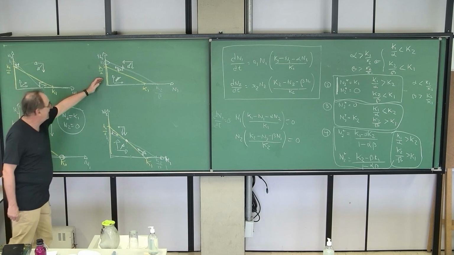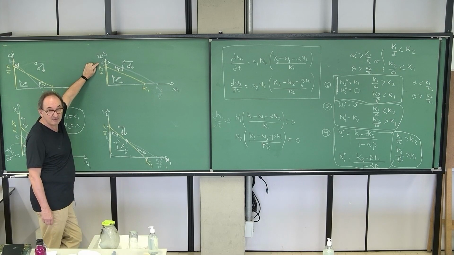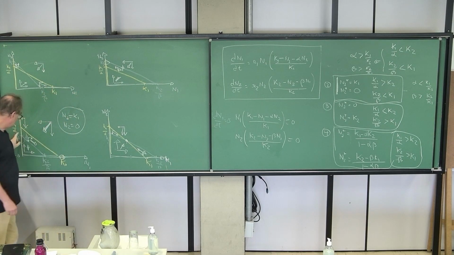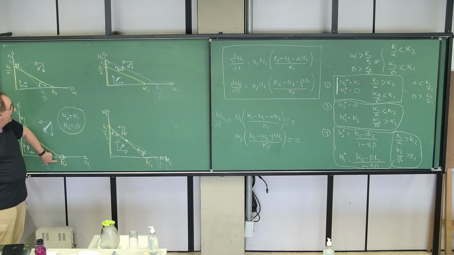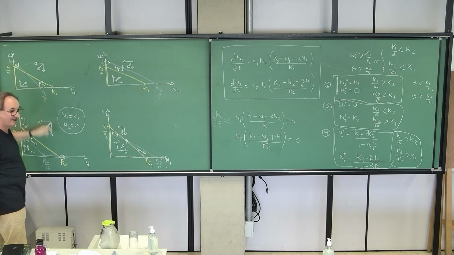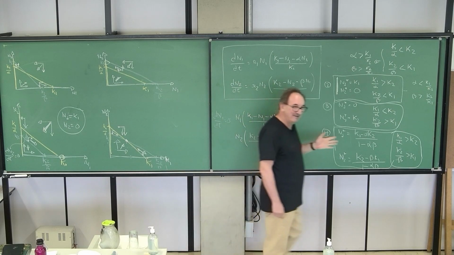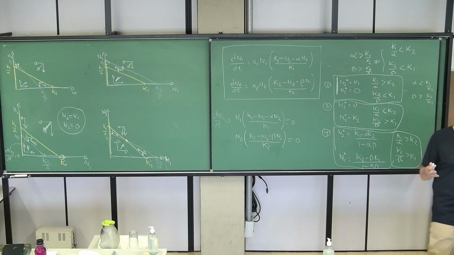In this case, you always get to the point K2. In this case, after some time, you will approach this point, which is N1 equal to K1, the carrying capacity, and N2 eliminated. And in this case, you can get either here or there. But then you say, okay, but this is a deterministic system, and you have to know where you go. You cannot go arbitrarily to one or the other.